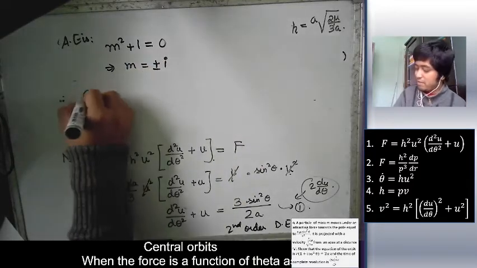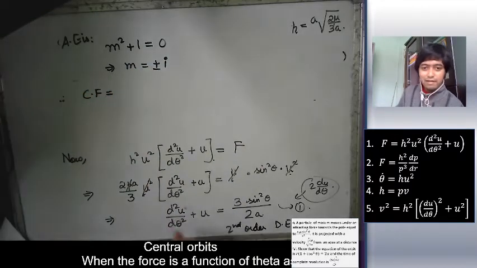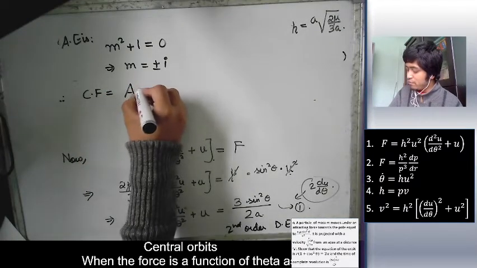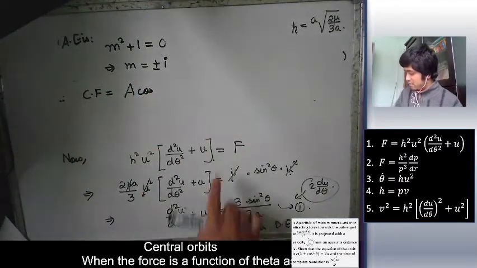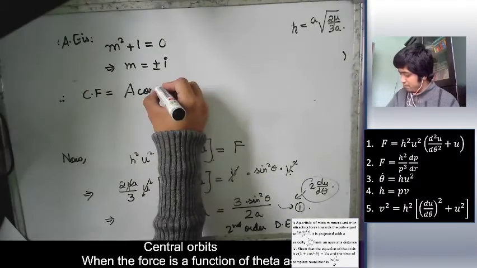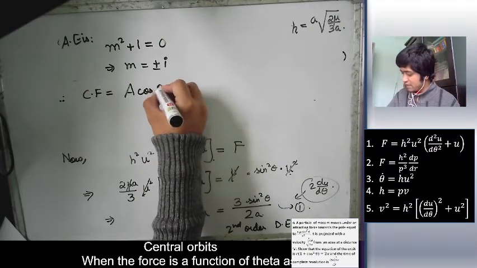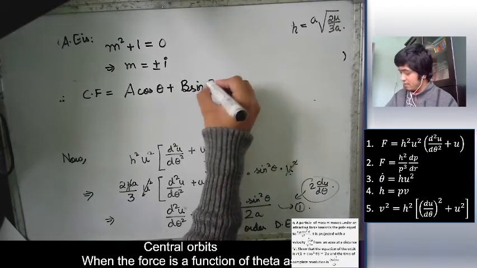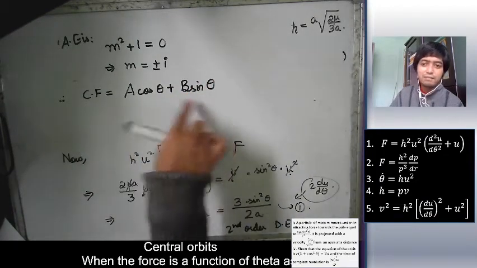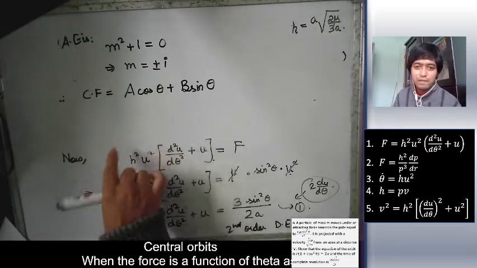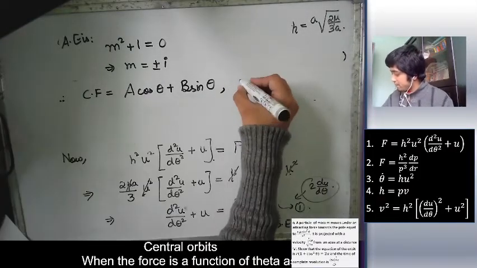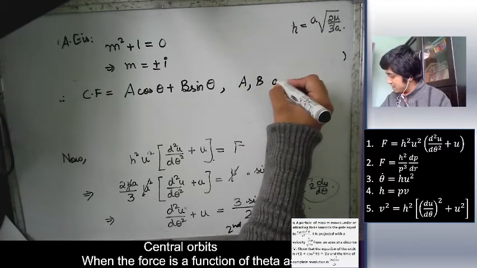Therefore, if you remember the theory about second order differential equations, the complementary function will be equal to A cos theta plus B sine theta. Some write it as C1 and C2, it doesn't matter, but I prefer A and B. A, B are constants.